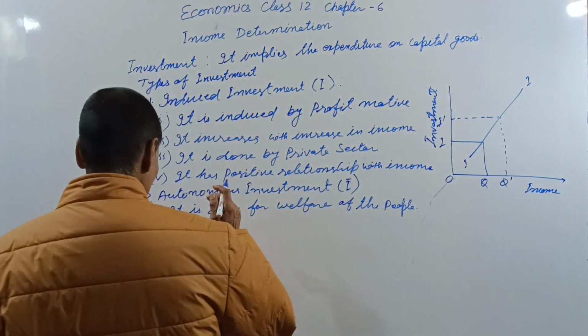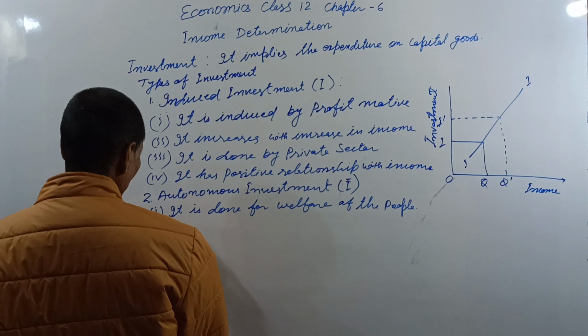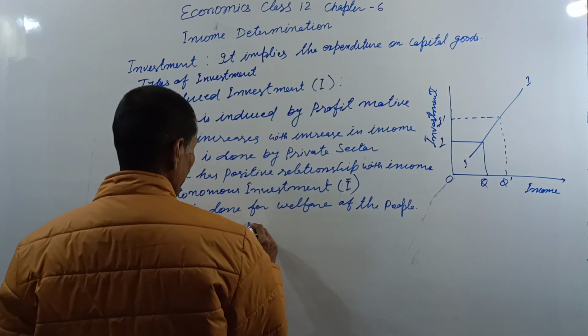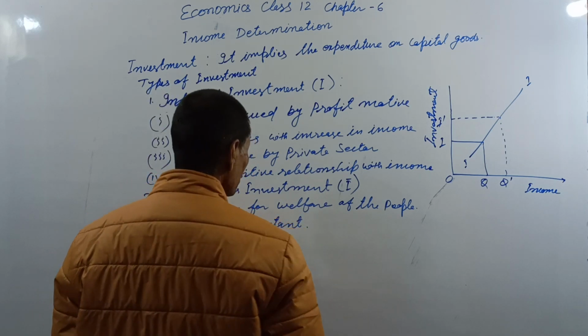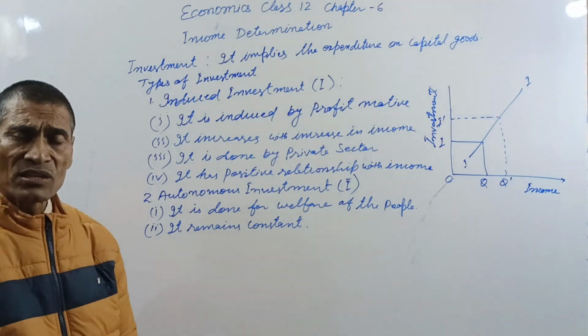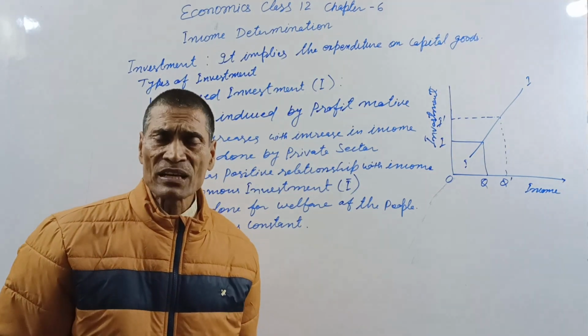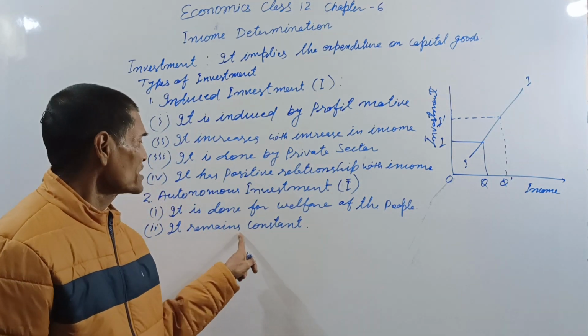First you should keep in mind. Second thing is that it remains constant. What it means? It remains constant means it is unaffected by the level of income. Whatever level of income is in the economy, it remains constant.